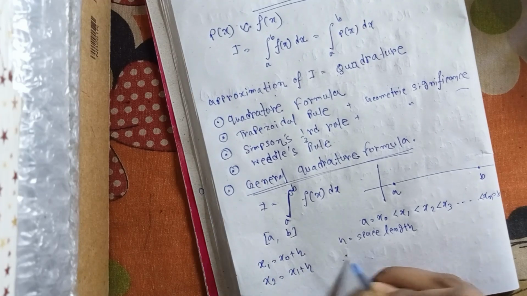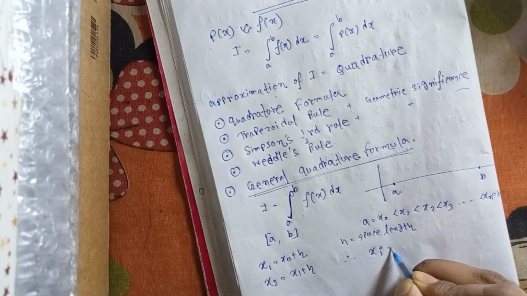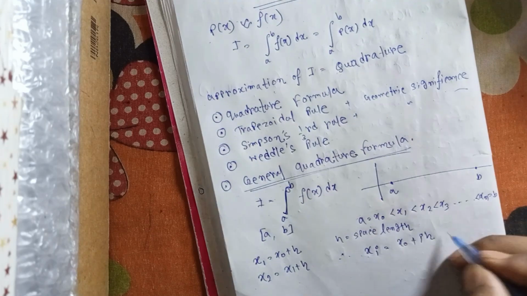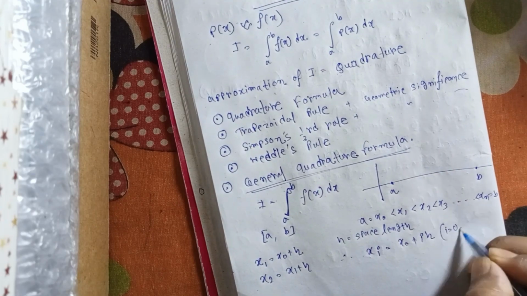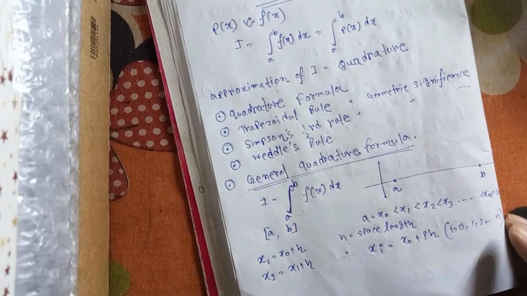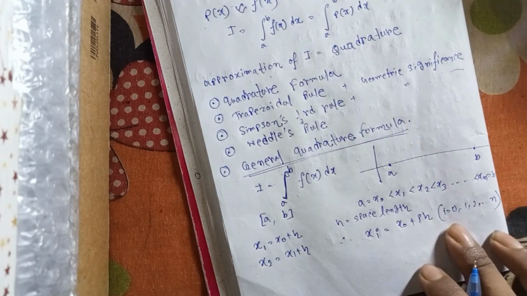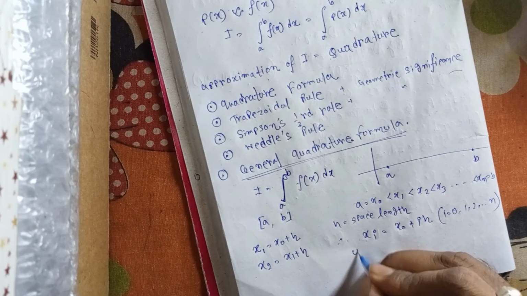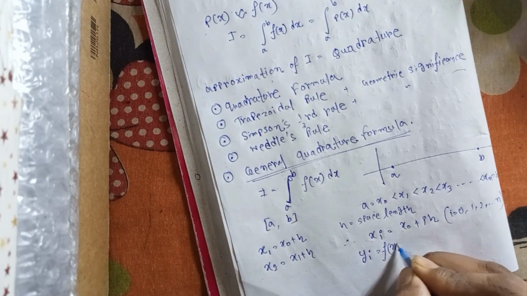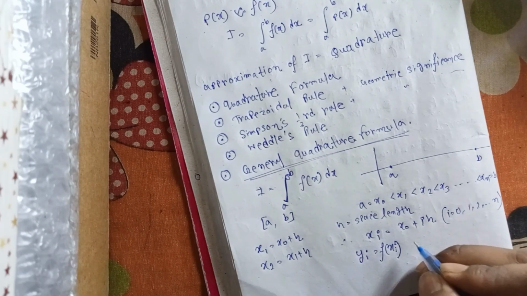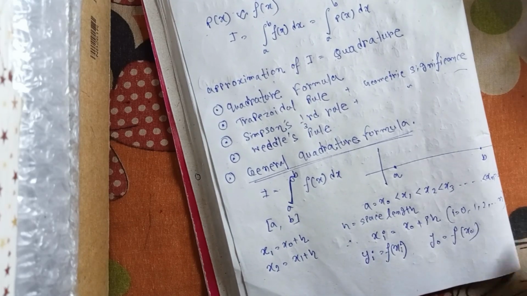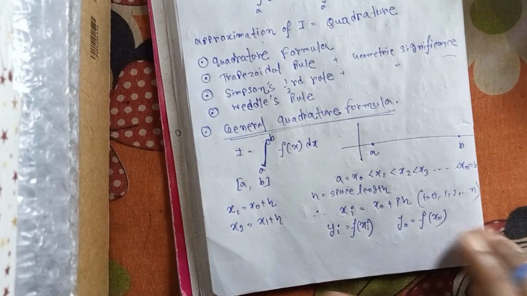In this way we can write xi equals x0 plus ih, where i's value lies between 0 to n. In this way we also have y values, so y0 means f of x0.